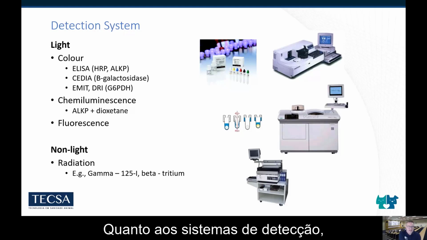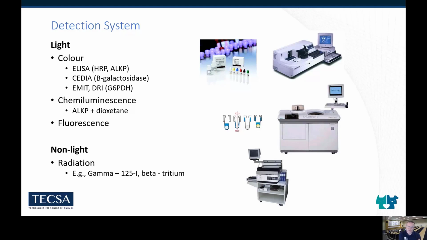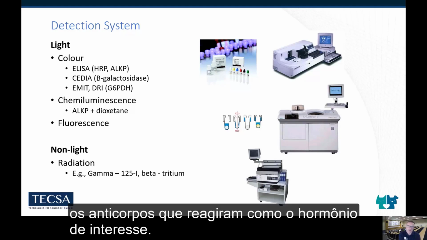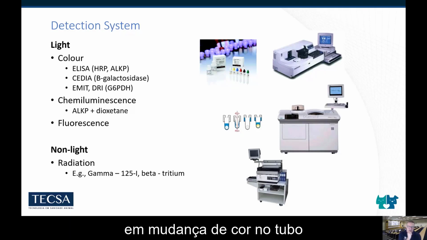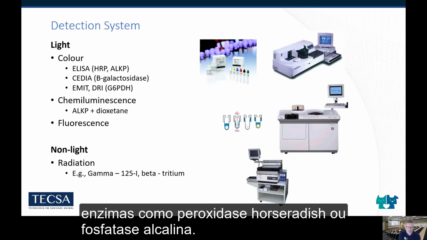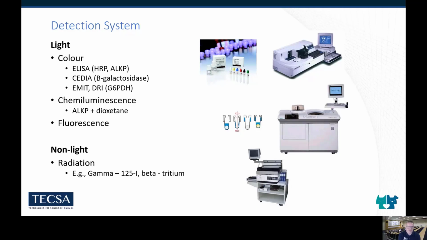When it comes to detection systems, these are making it possible for us to recognize that an antibody has been able to find our hormone of interest. Those might cause a change in color in a reaction tube through a technology called ELISA, using enzymes like horseradish peroxidase or alkaline phosphatase.